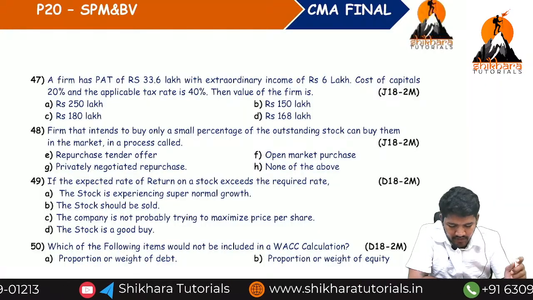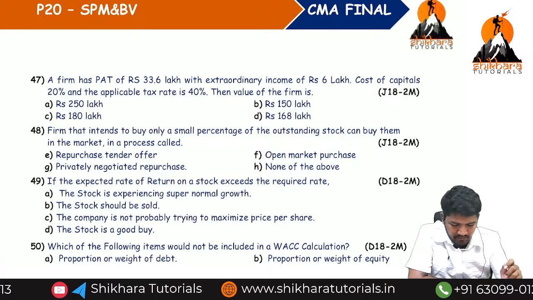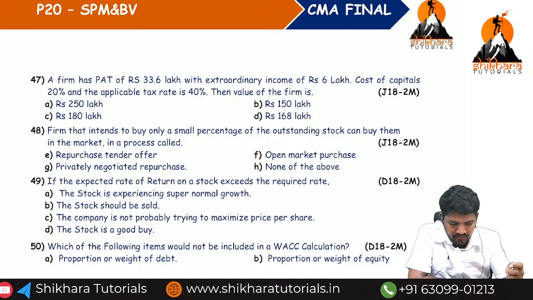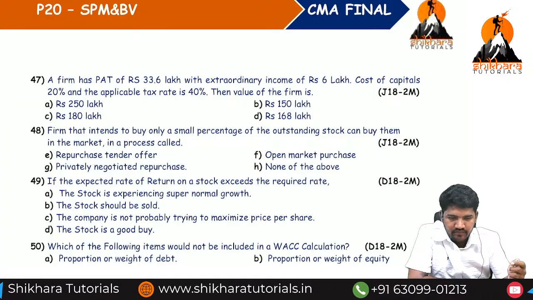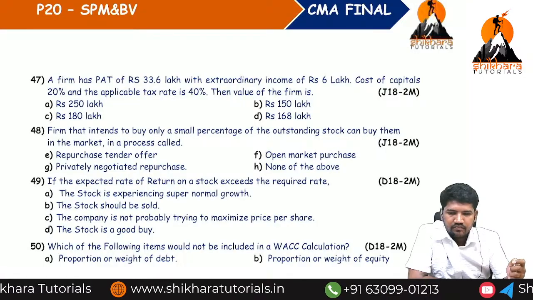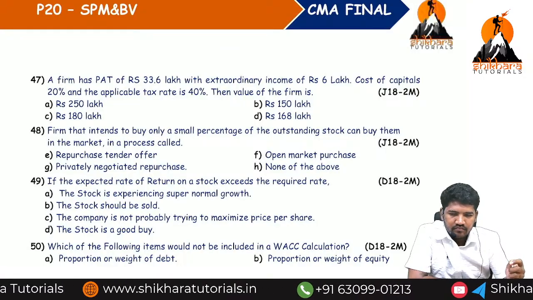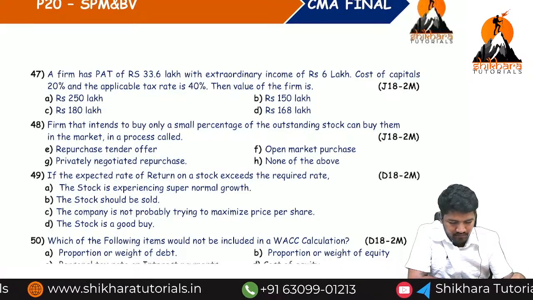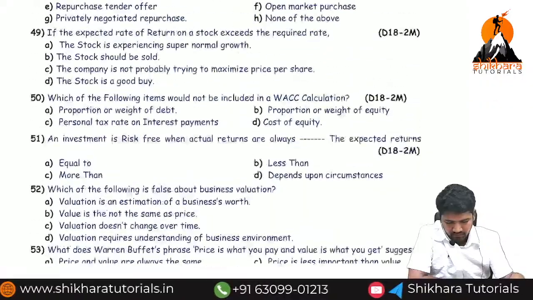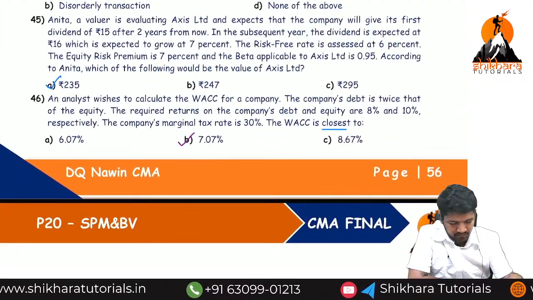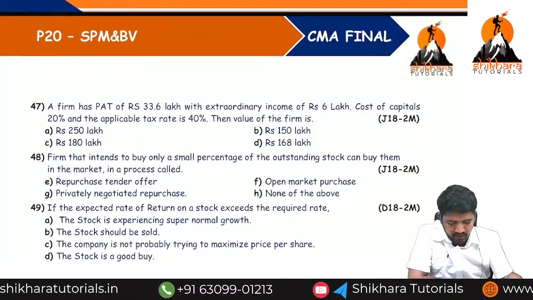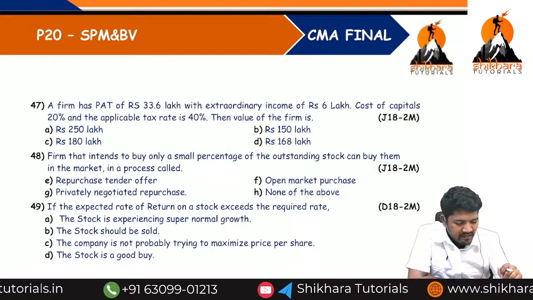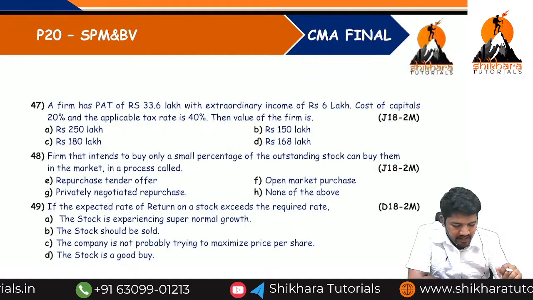Illustration number 47. A firm has a PAT of rupees 33.66 lakh with extraordinary income of 6 lakhs, cost of capital 20%, and the applicable tax rate is 40%.